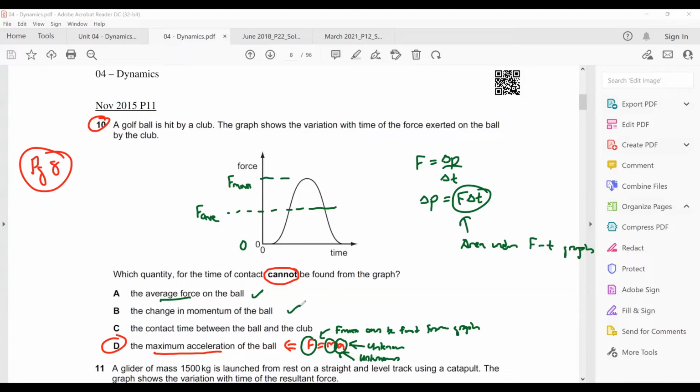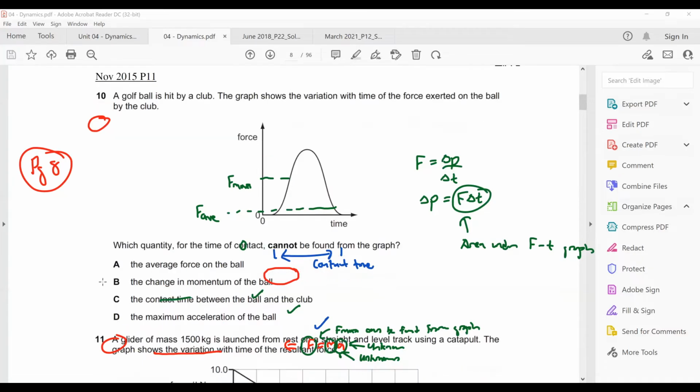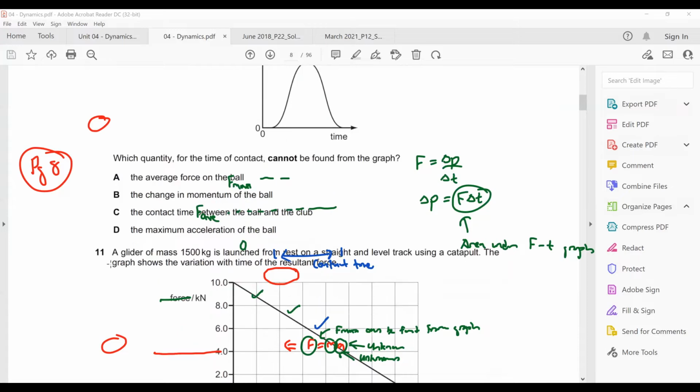I can find this too. Contact time between ball and the club, I can also find out. It's going to be this one. So A, B, C I can. D I just can't. So that one is okay.